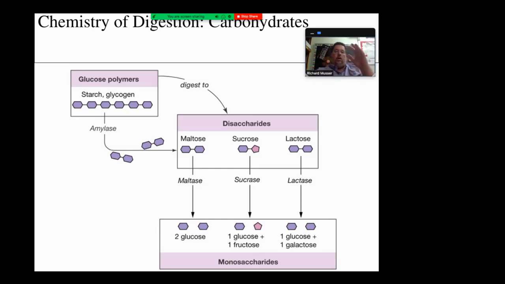So we have a long chain, a complex carbohydrate, which is our starches or glycogens. Glycogen is the carbohydrate you find in muscles and livers and so forth in animals. Starches are found in plants. Then we eat them and digest them. Amylases break them down to disaccharides, and then we ultimately break them down to monosaccharides.